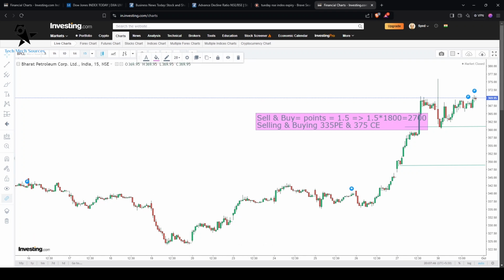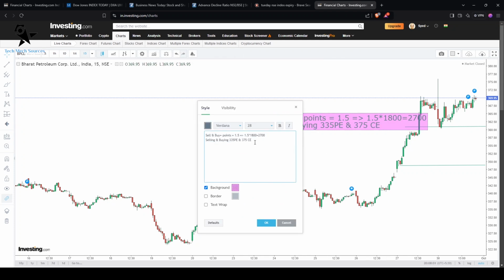Now, if we see the total money which we earned, how much will it be? 2700 divided by, and what was the investment? Let me write the investment. It was investment including margin, including the margin is equal to 1.35 lakhs, 1.32 or 1.35 lakhs, whatever.